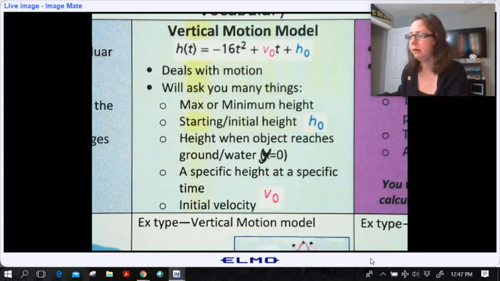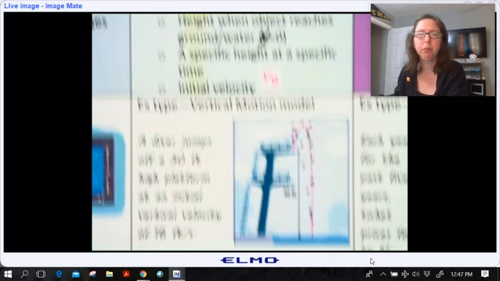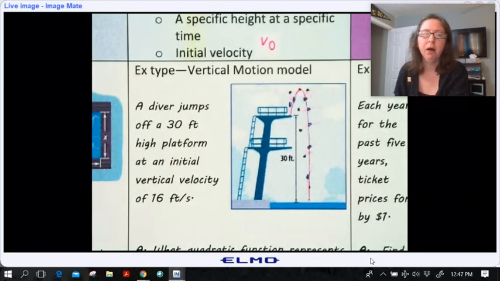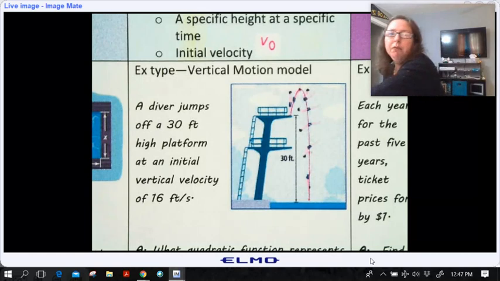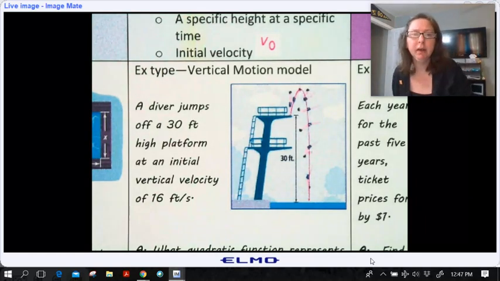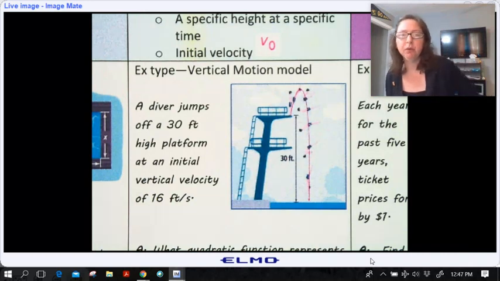So let's take a look at an example. A diver jumps off of a 30-foot high platform at an initial vertical velocity of 16 feet per second.